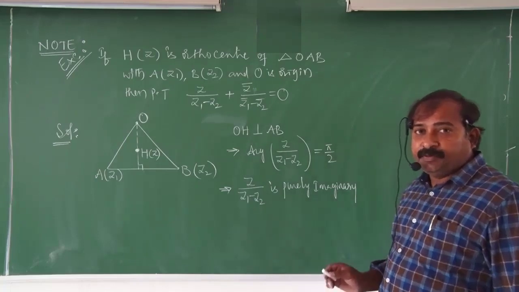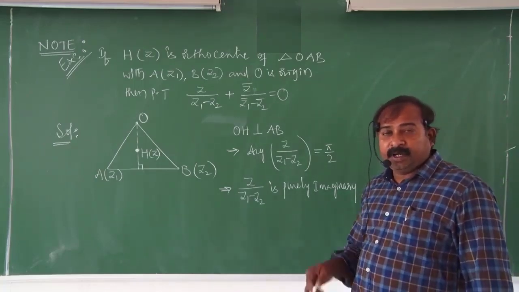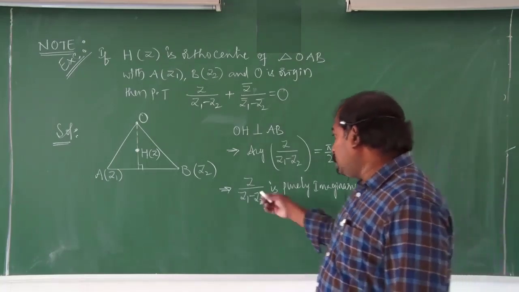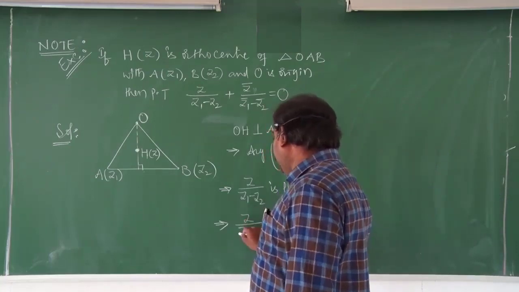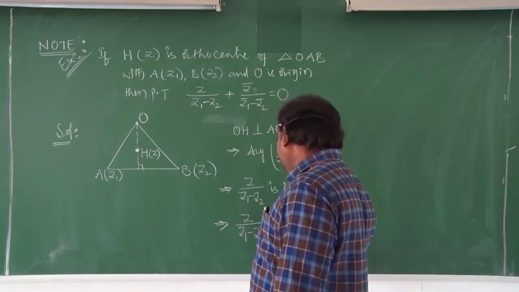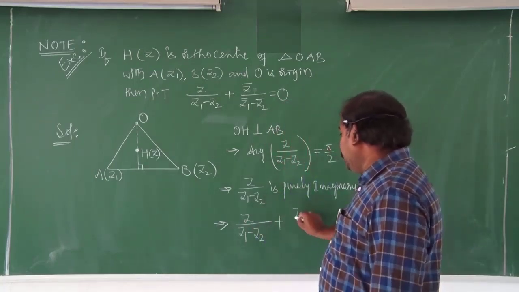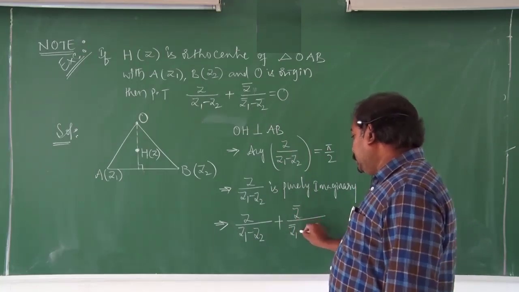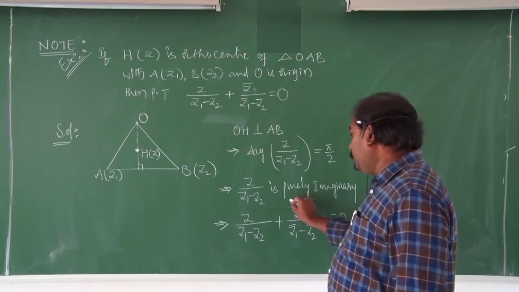If it is purely imaginary, then that complex number plus its conjugate equals 0. So here you will get z by z1 minus z2 plus its conjugate, z conjugate by z1 conjugate minus z2 conjugate, equal to 0.